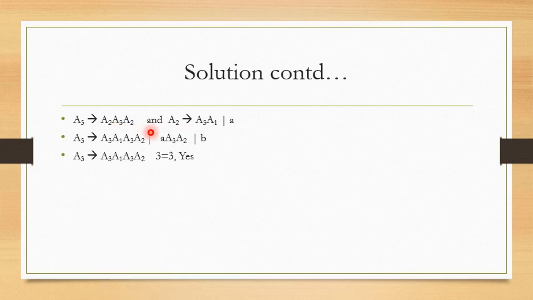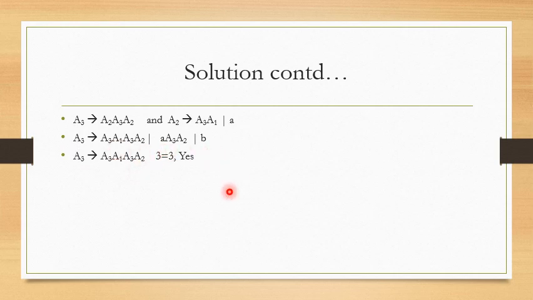And this A, if I substitute, I will get A followed by A3, A2. And this B is the original production which is in GNF, so we have not made any substitution here. We have just placed it as such.